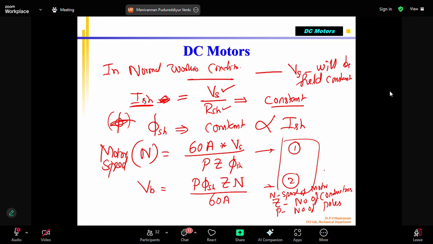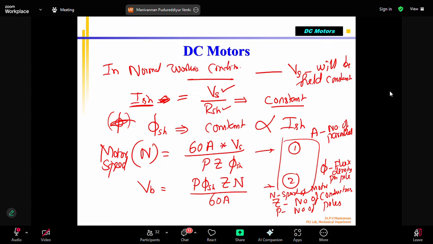And phi represents flux density per pole. A is not ampere. A is called the number of parallel paths.